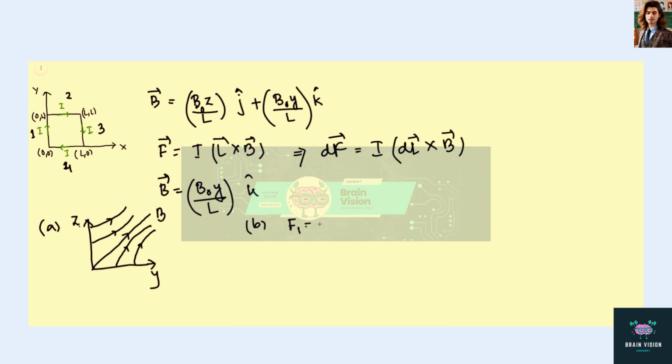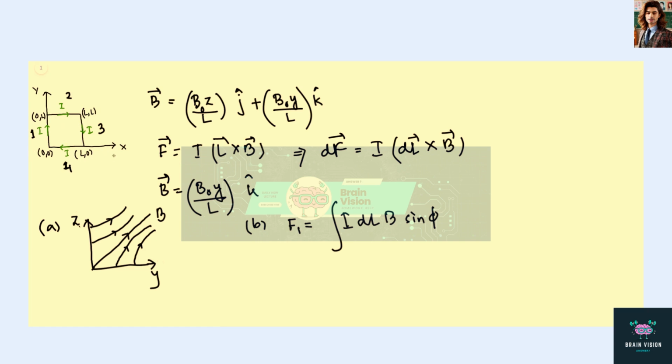So this is given by this equation over here, so basically the integral over this equation: I times dl times B sine phi, and the integral over that. But sine phi is basically 1 because phi is 90 degrees, as the magnetic field is perpendicular to the segment here.